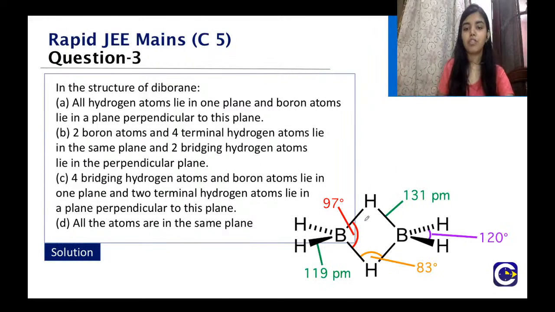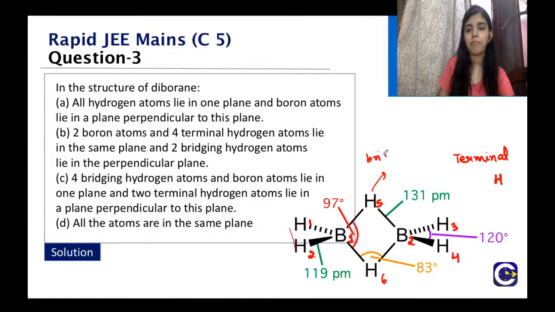So, this is the structure of diborane here. These B1, B2, H1, H2, H3 and H4 are called the terminal hydrogens, while H5 and H6 are known as the bridging hydrogens, right?